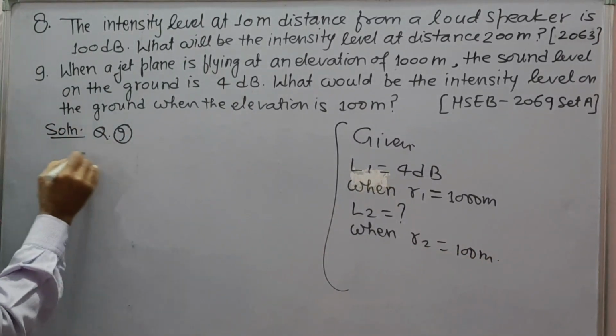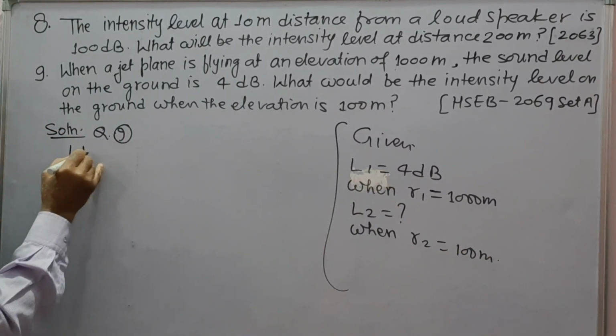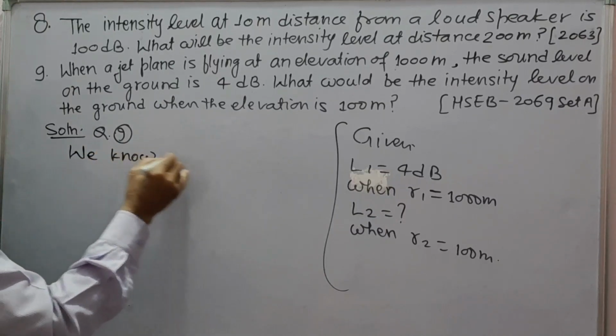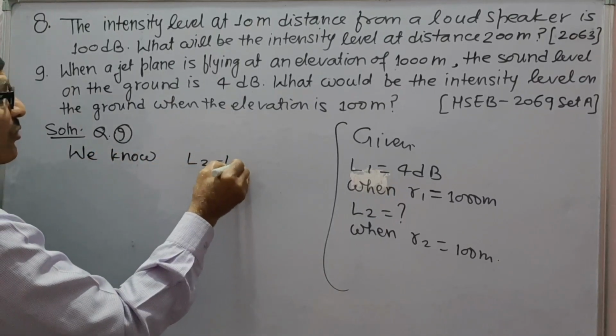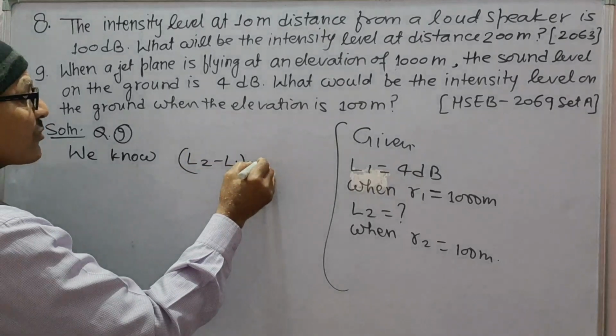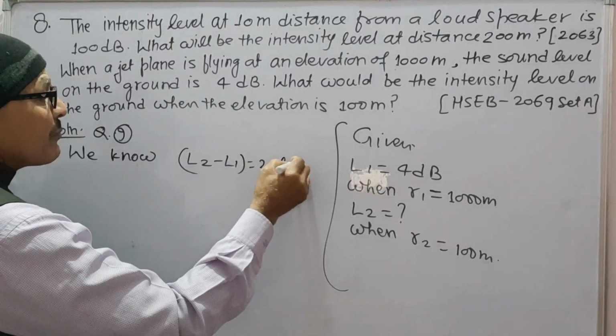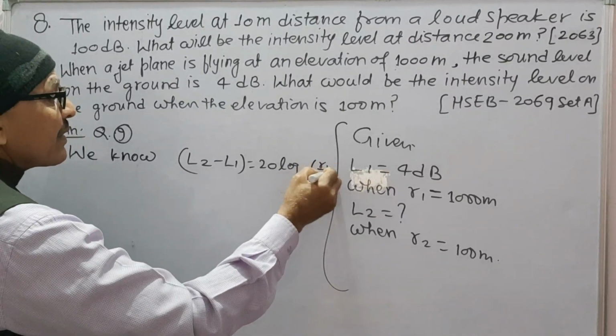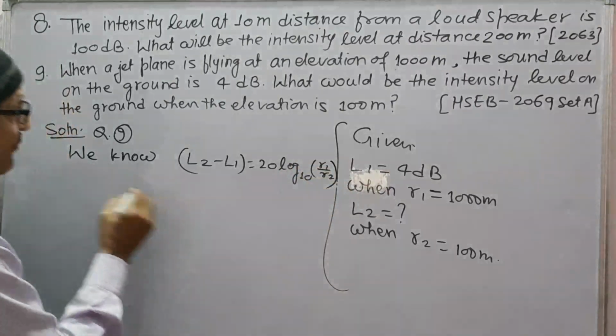Again, we know L2 minus L1 is equal to 20 log base 10 R1 upon R2 in decibel.